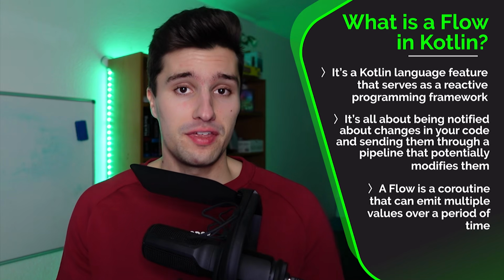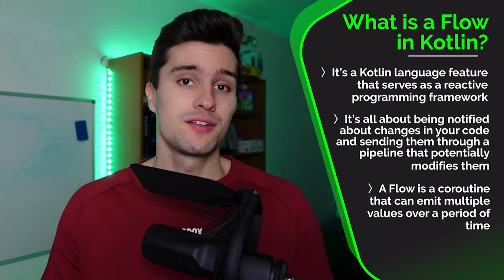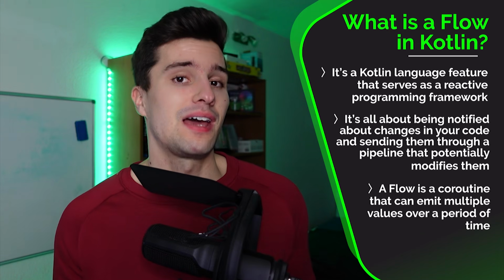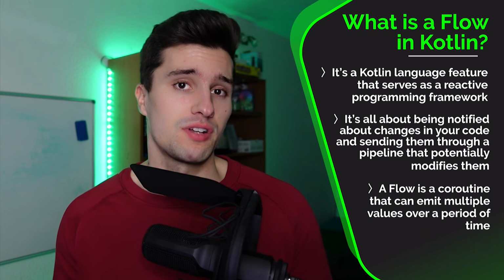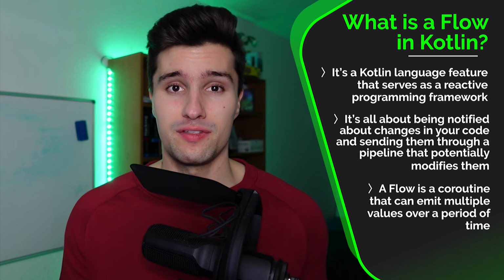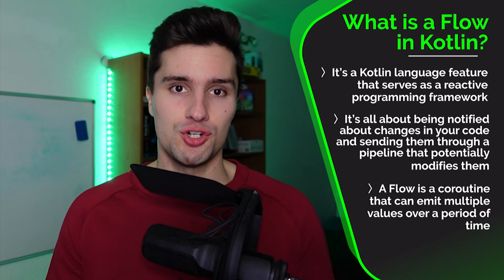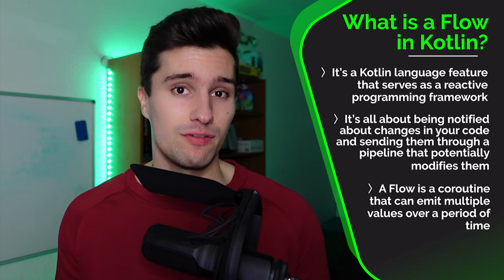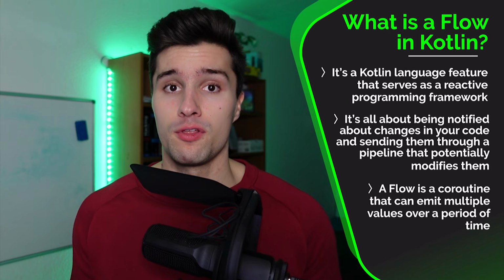But in the end, you can think of it just like an assembly line for, let's say, Android phones. The first thing that happens is that the Android phone is produced. So the basic prototype is produced. Then we're notified about that. That is the first part of the reactive programming paradigm, that we're notified about a change, about the production of the Android phone. Then we're not done yet because we want to do further steps with that.